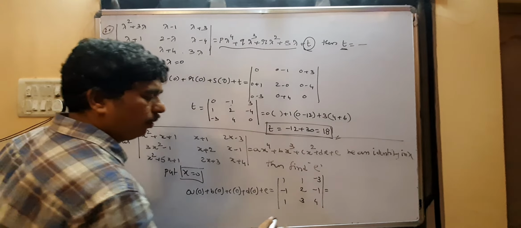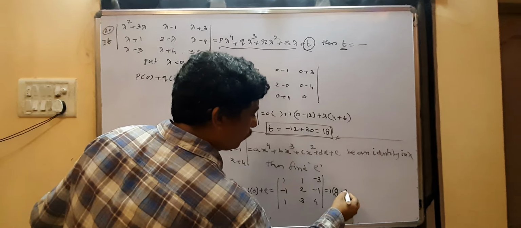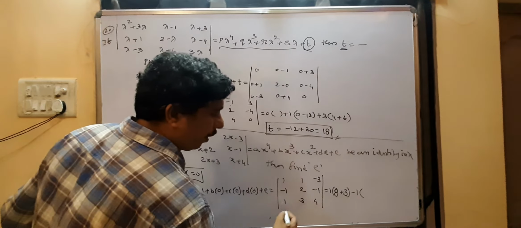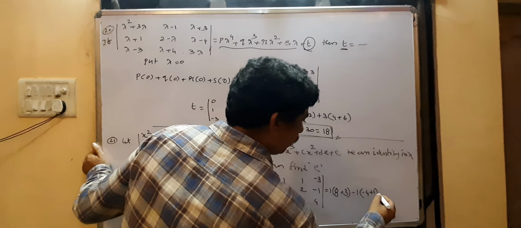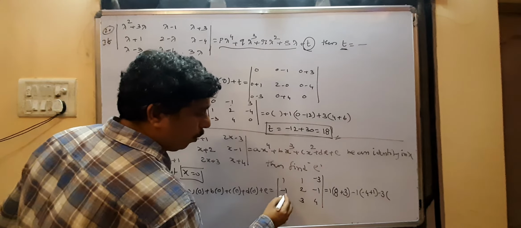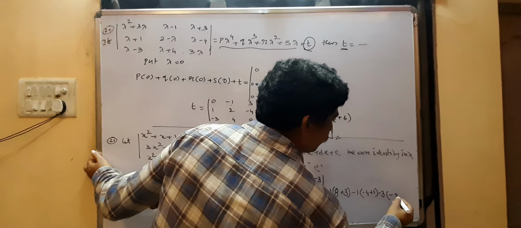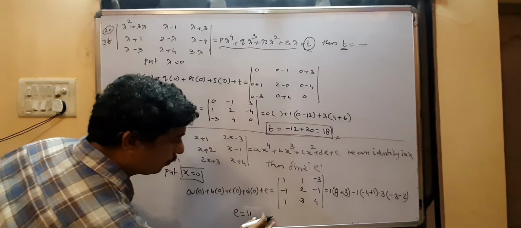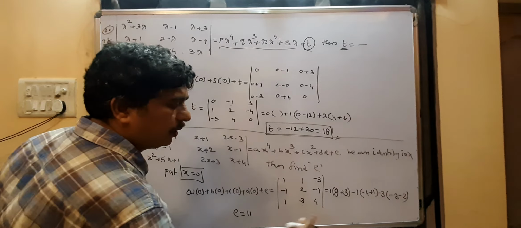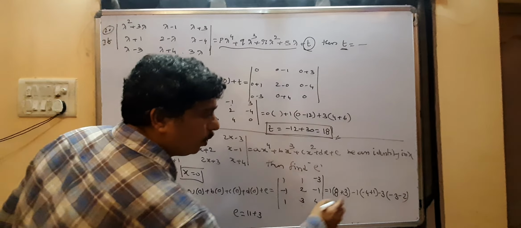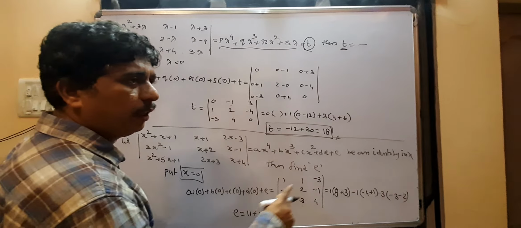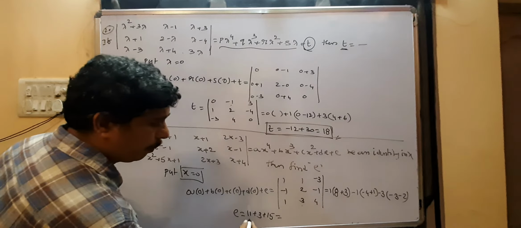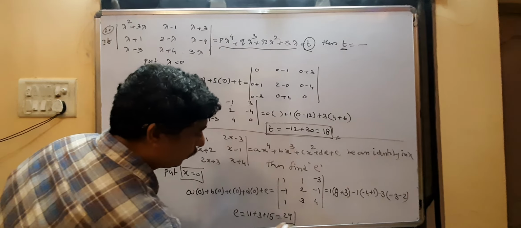So you have to find the determinant: 1 into (8 plus 3), middle element take the opposite sign, minus 1 into (minus 4 plus 1), minus 3 into the closed column, minus 1 into (3 minus 2). So e value is 8 plus 3 is 11, minus (minus 4 plus 1) is plus 3, minus 3 minus 2 is minus 5, minus 3 into minus 5 is plus 15. So obviously 14 plus 15, 29 is the answer. Copy it.